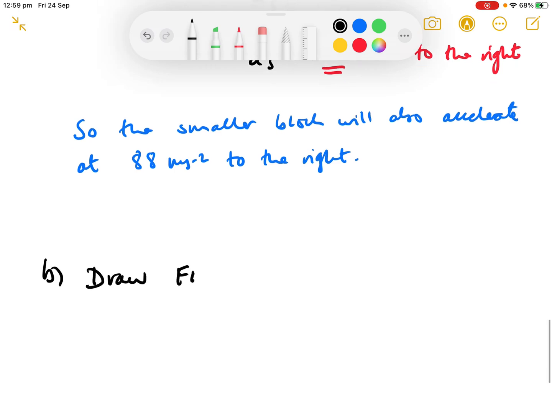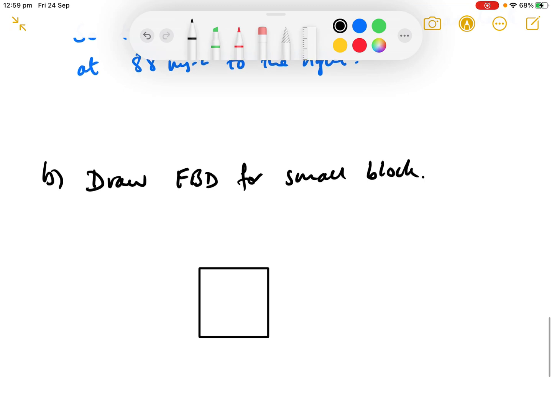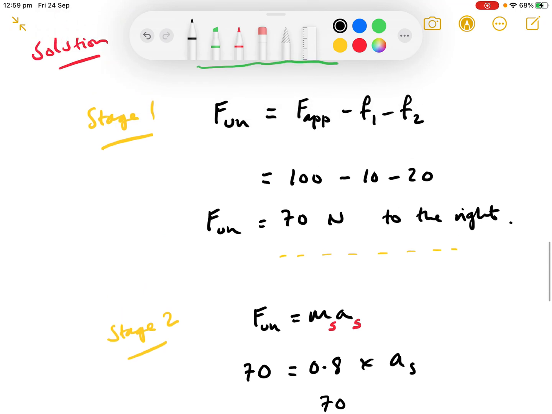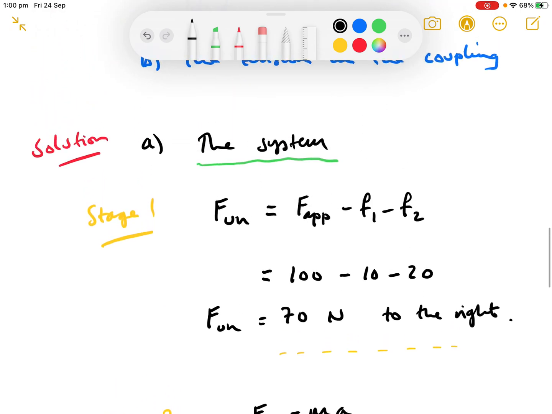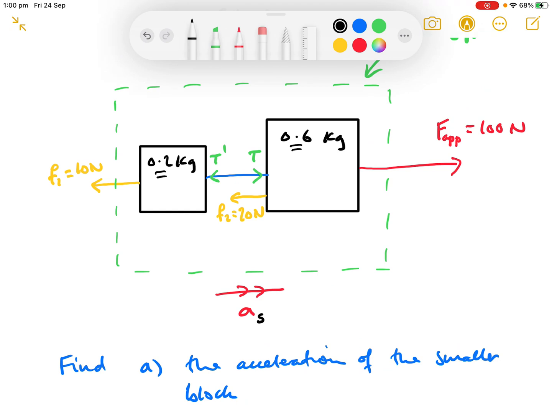So draw free body diagram for small block. Well, you'll see why I'm doing this now. So there's my block. Now it's a free body diagram, so I want to put in all the forces acting on this block.